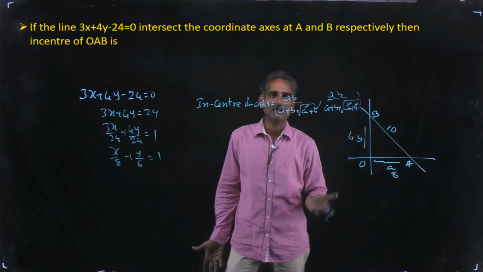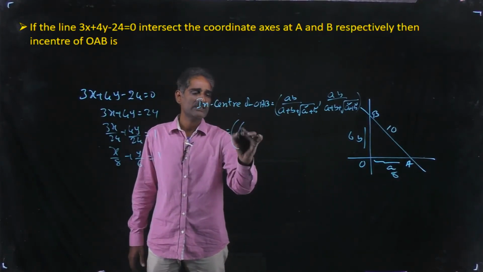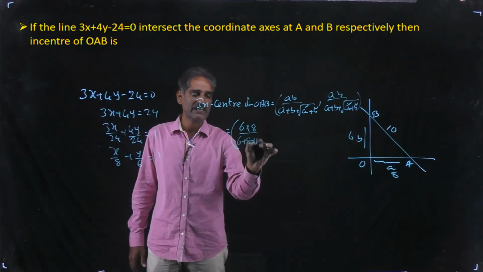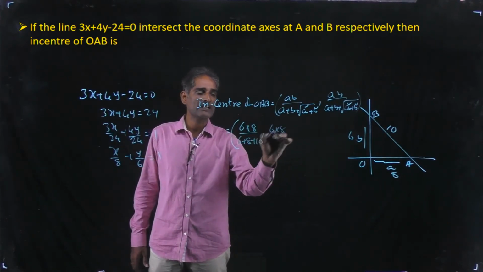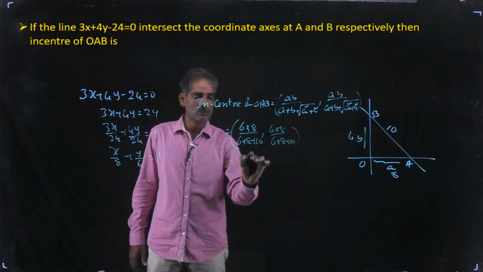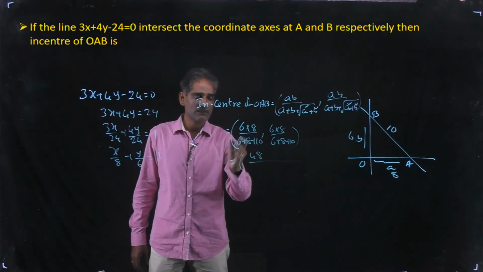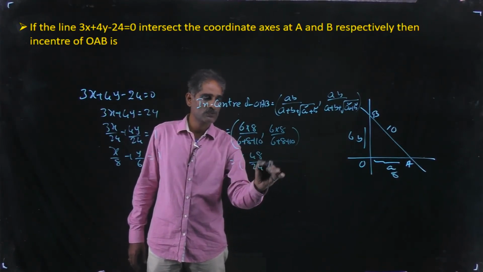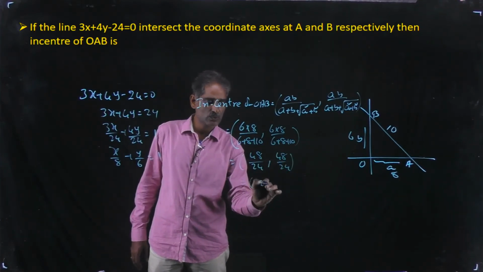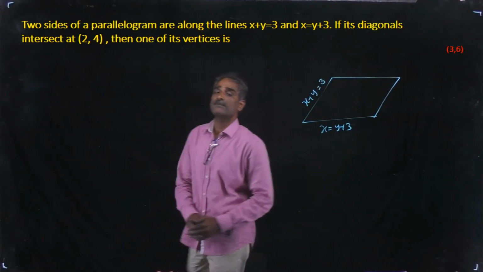Now the coordinates of the incenter of OAB are 6 into 8 by 6 plus 8 plus 10, that is 48 by 24, which equals (2, 2). This is the incenter.